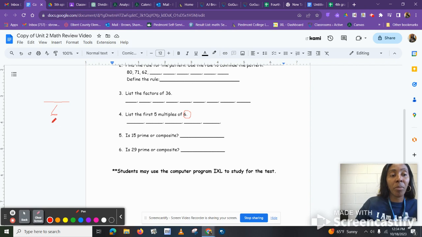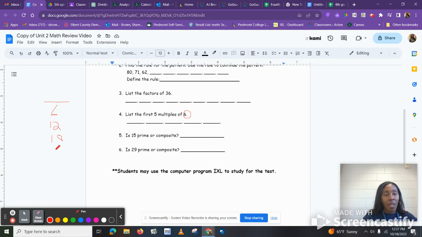Then my next one, I just add 6 more to 6 and I get 12. Then I add 6 more to 12, I get 18. And then the next multiple of 6, if I add 6 more to 18, is going to be 24. Then if I add 6 more to 24, I'm going to be at 30. So it says list the first 5 multiples of 6. So I have 1, 2, 3, 4, 5.